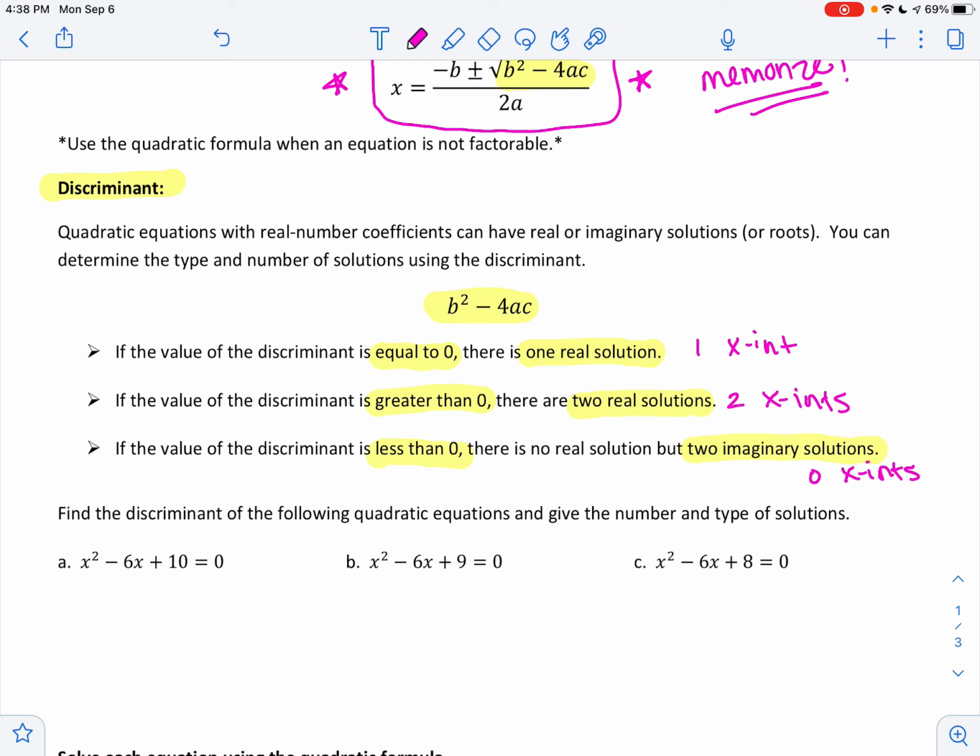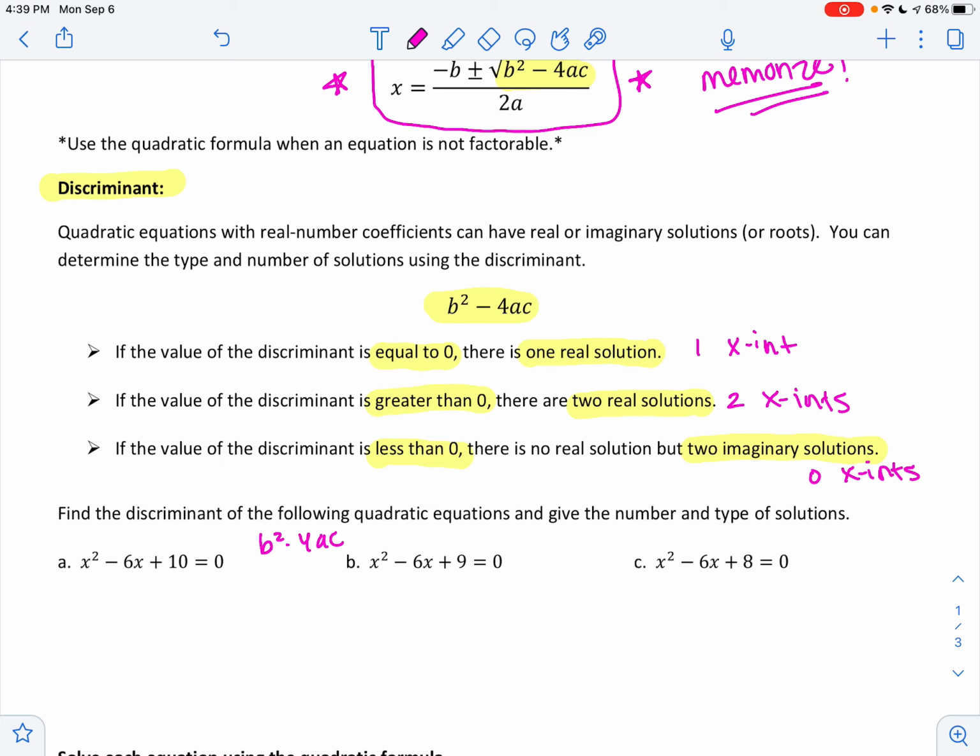So down here it says, find the discriminant of each of the following equations and give the number and types of solutions. So for this first one on letter A, I have x squared minus 6x plus 10. We want to find the discriminant. Remember that the discriminant is b squared minus 4ac. All of these need to be in standard form, so ax squared plus bx plus c equals 0.